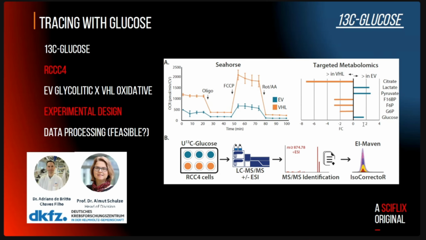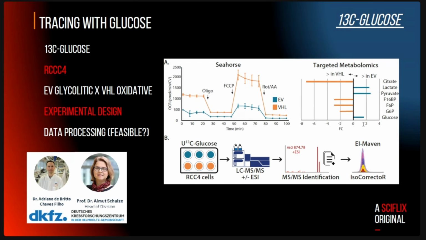This gene is responsible for HIF activation. That means that these cells, with VHL deleted, have the sensor for hypoxia constantly activated. So the cells feel hypoxia the whole time, and so the cell becomes glycolytic.